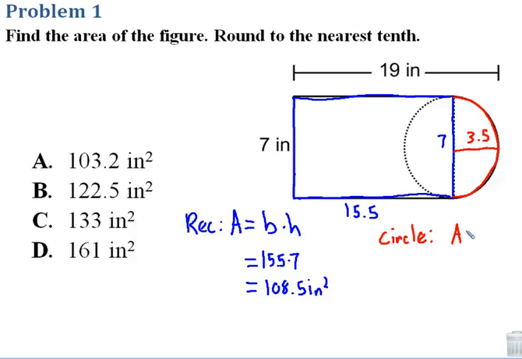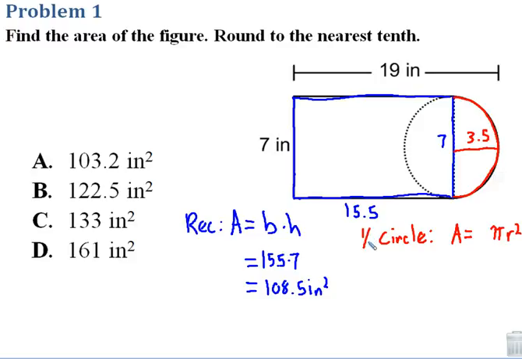Area of a circle is going to be equal to pi times the radius squared. Notice I'm leaving some space here for a reason. We found the radius already, so we're good there. Now the issue we have here is that we're only going to look at finding the area of this half circle. The other half we already calculated as part of the area of the rectangle.